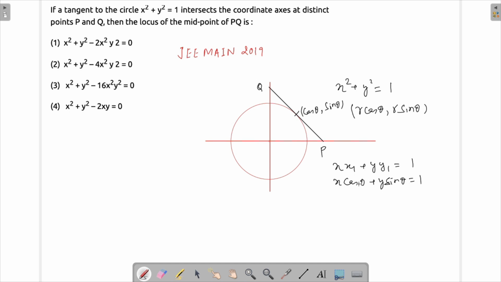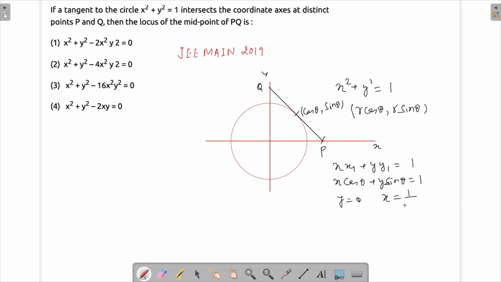Now, this is the equation of the tangent, and it is intersecting the coordinate axes here and here. So we need to find the x coordinate of point P and the y coordinate of Q, because the x coordinate of point P is something, but its y coordinate will be 0. To find the x coordinate of point P, we substitute y equals 0 here, and we get x equals 1 by cos theta.